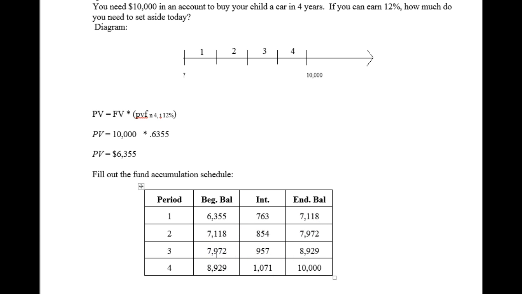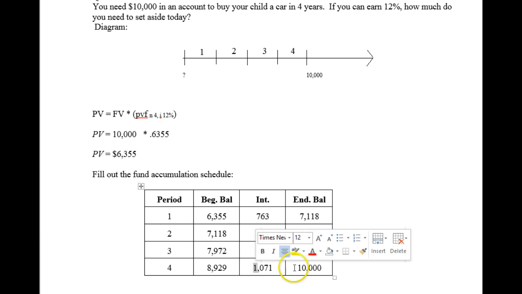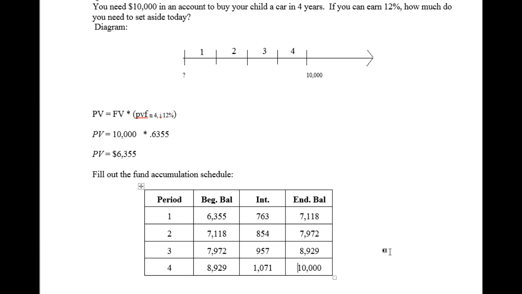Start the next period with that, grow it by 12%, 8,929. Start the period with that, leave it invested, earn 1,071, and ends at 10,000. The fund accumulation schedule proved that our Table 2 worked.